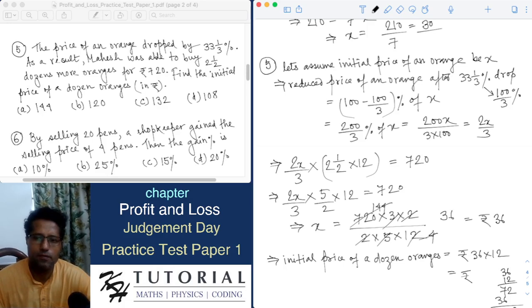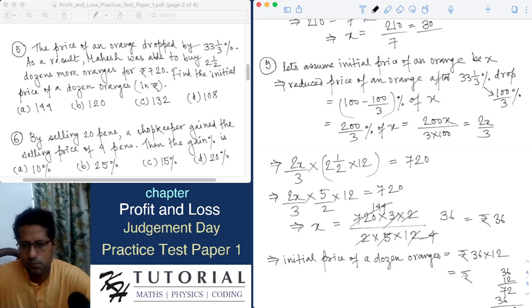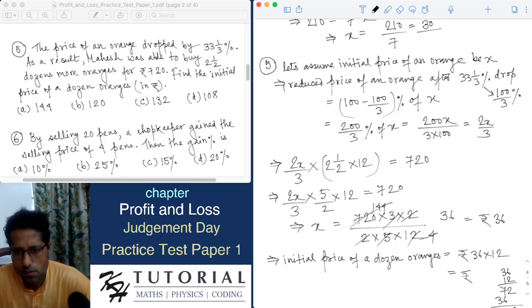2.5 into 12, 720. So this means 5 by 2, x equals 3 into 2, 720 divided by 2 into 5 into 12.